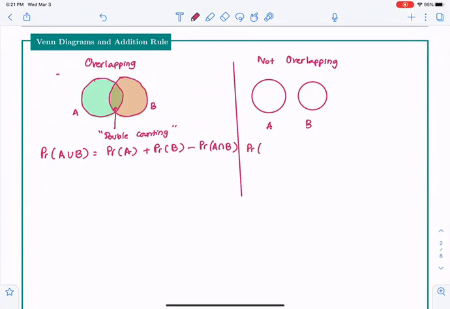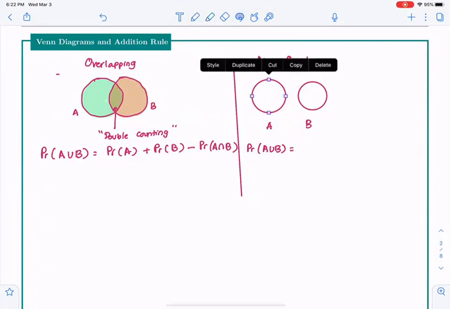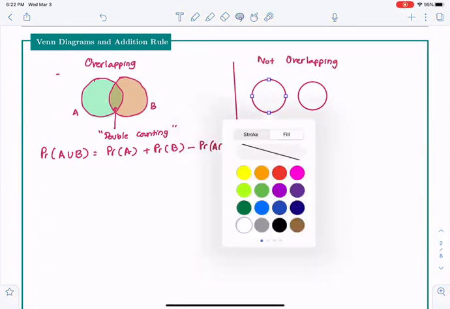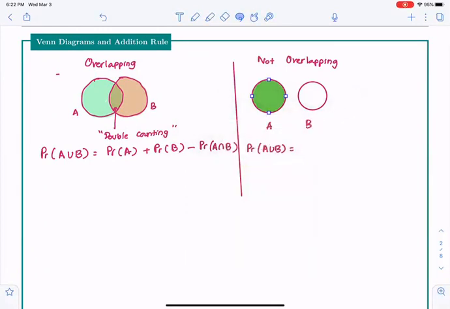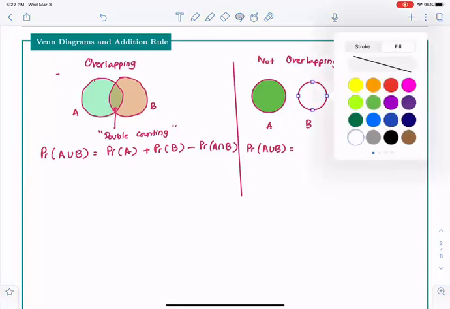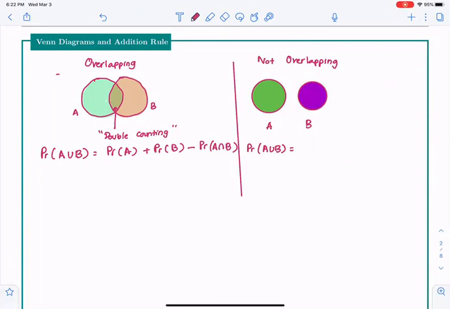If I have the probability of A union B in the non-overlapping case, first I'd have the probability of A, which simply means selecting everything corresponding to A. Then I'm going to select every element corresponding to B. So in finding the probability of A union B, I would simply have probability of A plus probability of B.